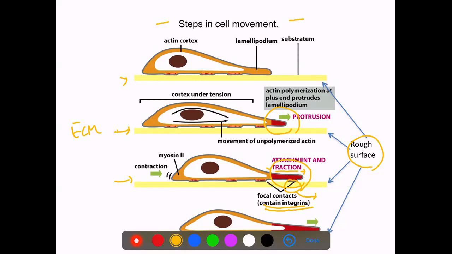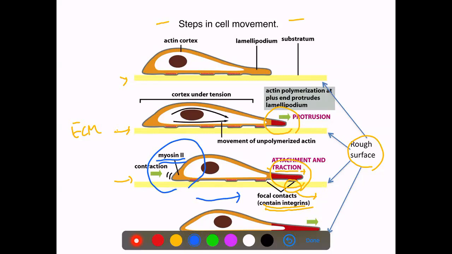Probably they will just build a new one and keep on going. And what will happen to the other end, the lagging end, is that they have a contraction going on. So you have a myosin organization and a different actin organization will occur. So the cell will gain movement like this.